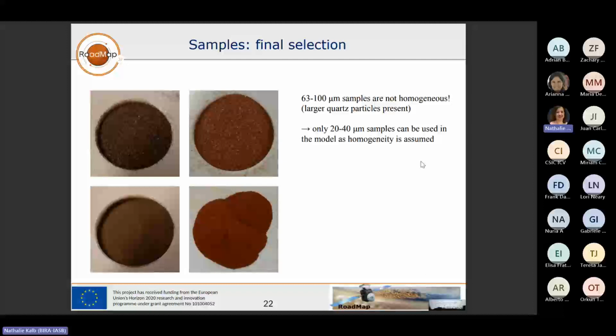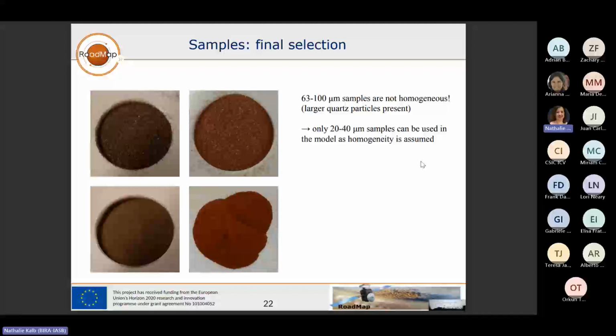Now it's very important to look at the colors on the other screen. In the top panel, we have the large size distributions for both of the samples, and in the bottom panel, we have the small size distributions. What we noticed is that in the large size distributions, there are these white grains that don't exist in the smaller size distribution.